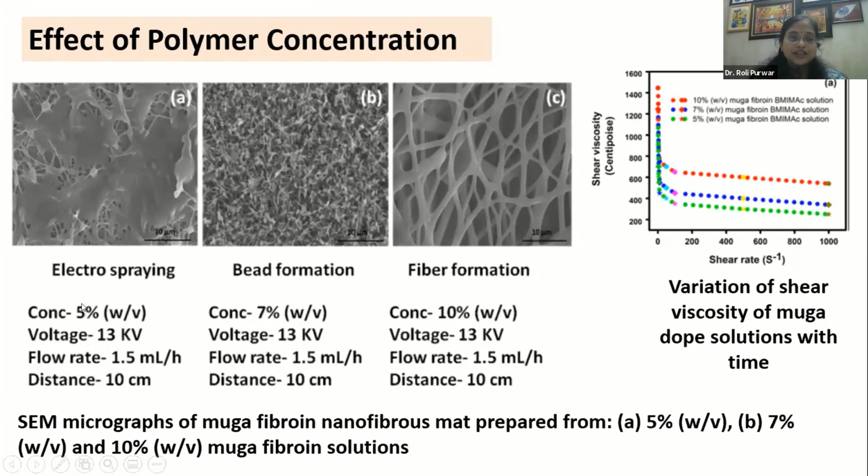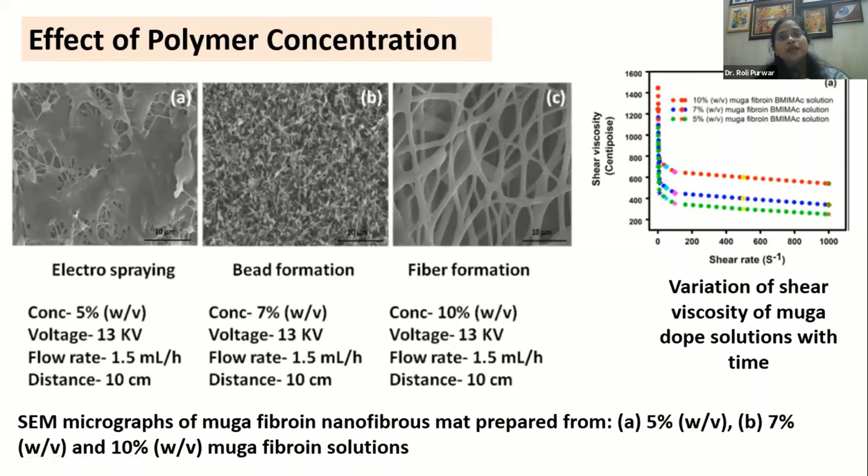At low concentration, we found that there is complete electrospraying. We are not getting any nanofiber. But at 7% concentration, we found some bead structure. And when we have the 10% concentration, we got a network kind of structure, like fibrous network structures.